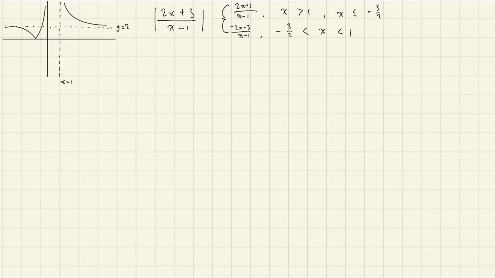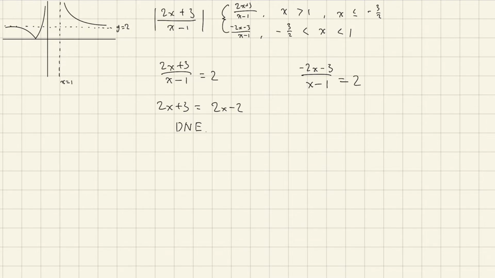On the positive side, we have 2x plus 3 over x minus 1 is equal to 2, which simplifies out to 2x plus 3 equals 2x minus 2, which doesn't exist. Therefore, we can fully ignore this part of the question. On the negative side of the function, we have negative 2x minus 3 over x minus 1 is equal to 2.